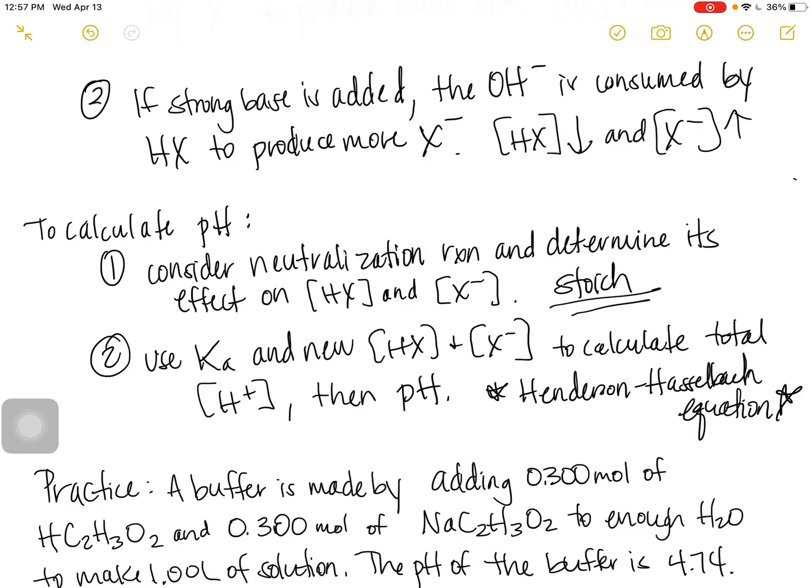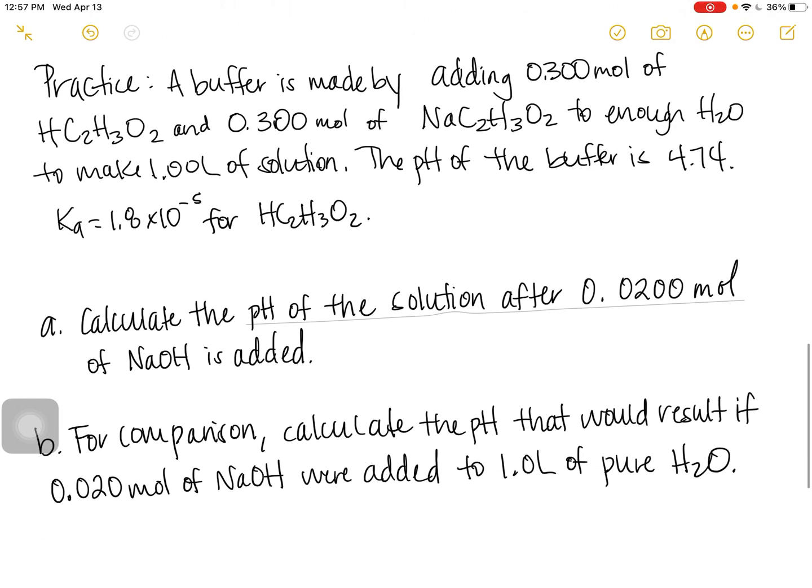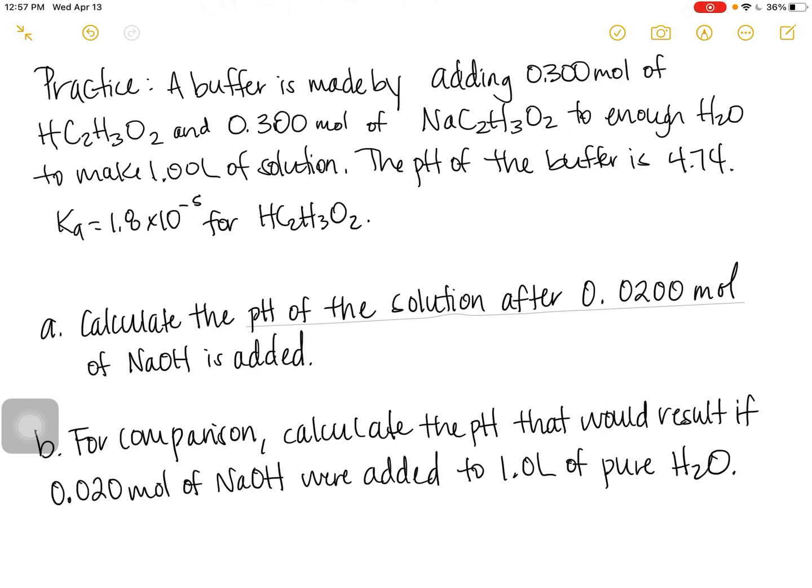Okay, so let's look at a practice problem and talk about how we would solve this. A buffer is made by adding 0.3 moles of acetic acid and 0.3 moles of sodium acetate to enough water to make a 1 liter solution.